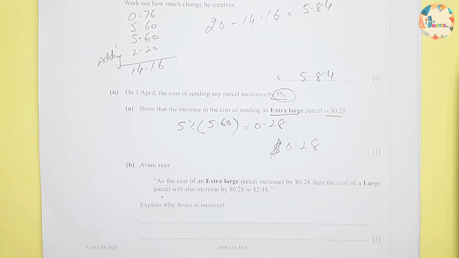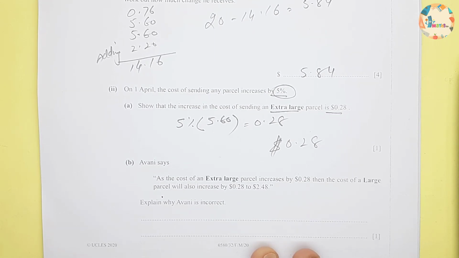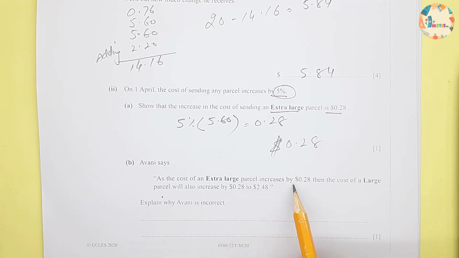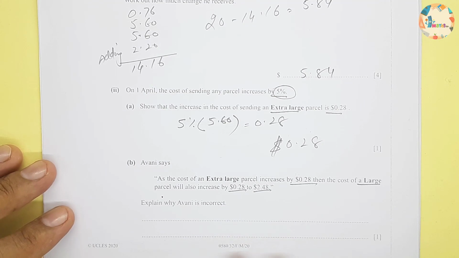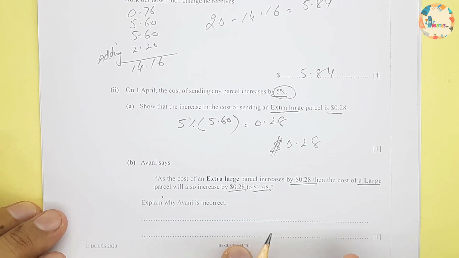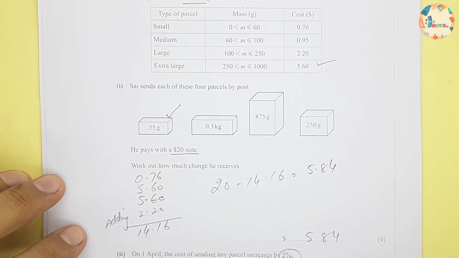B part. Evan says as the cost of the extra large parcel increases by 0.28, then the cost of a large parcel will also increase by 0.28 to 2.48. Explain why Evan is incorrect. For this part, what we can do, we can check the current cost.